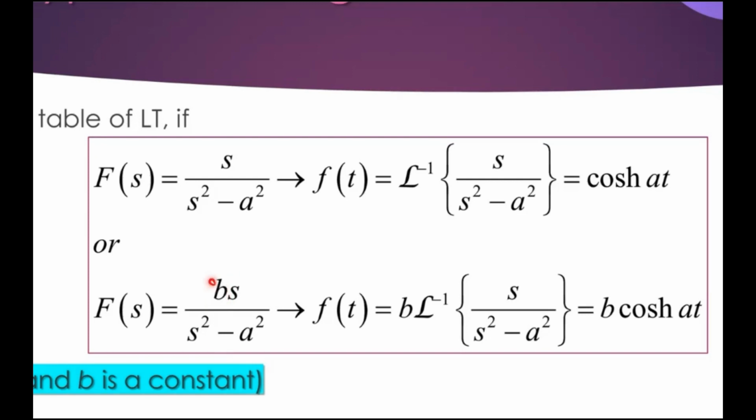Same thing, move b outside, and then inside you have s over s squared minus a squared. If you have something like 4s, you need to make sure the coefficient of s is only 1, so this one you can also move outside.